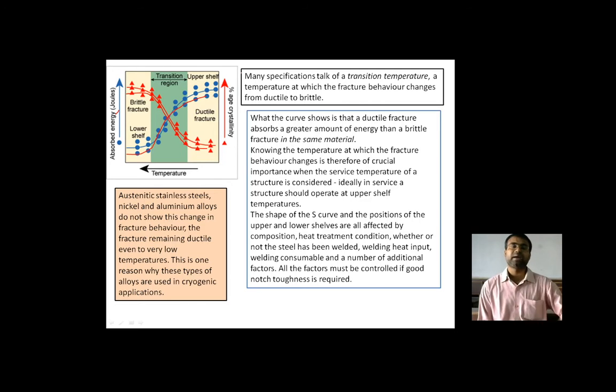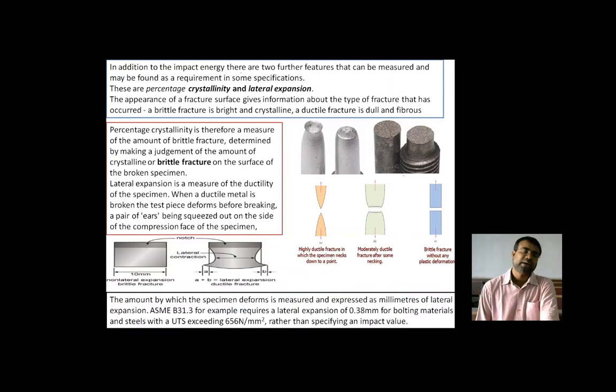So there are some materials which don't have any tendency to change according to the change in temperature. As you can see, we are moving towards how the fracture takes place.